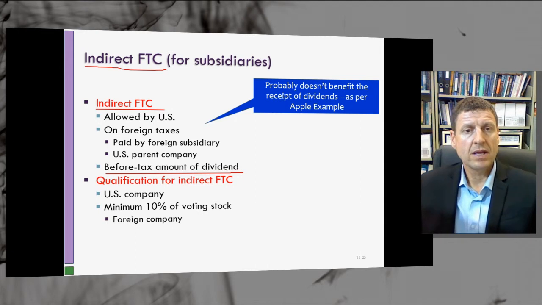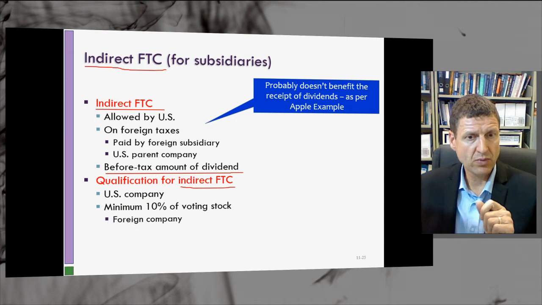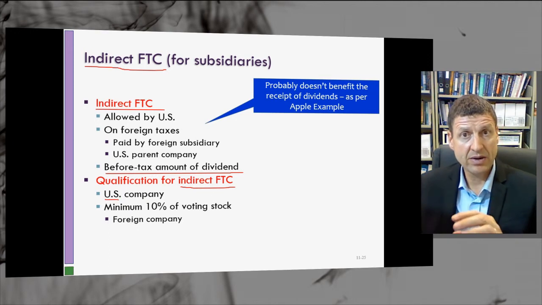So how do you qualify for the indirect foreign tax credit? Number one, a US company, of course, and the US company owns a minimum of 10% of the voting stock of the overseas subsidiary.